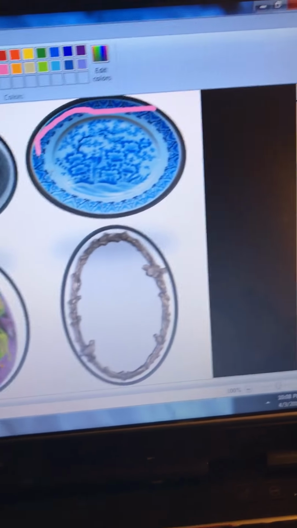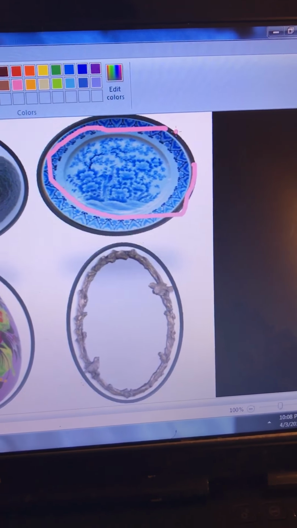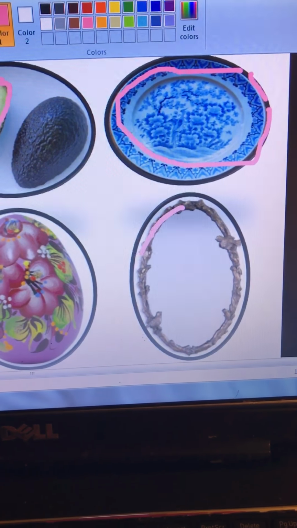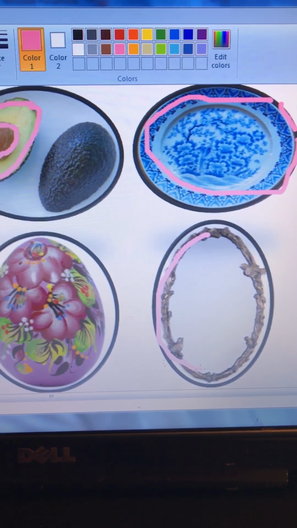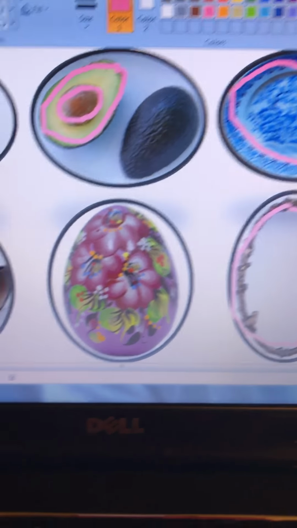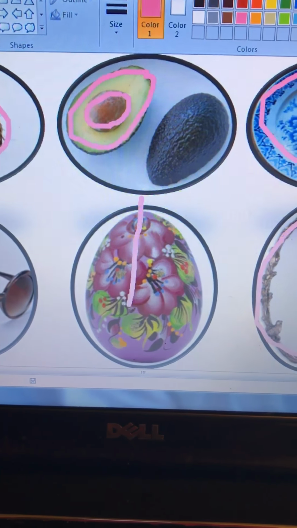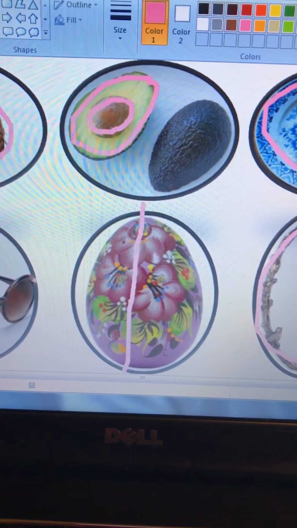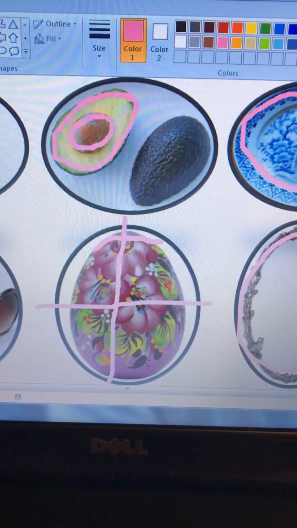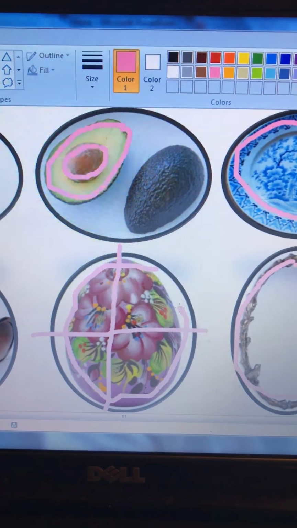Okay, and then here's this beautiful plate. That's not so good, but I think you understand. And then the mirror. And this is why it's good for graphing, if you could just do your major and then your minor axis here, and then just trace this beautiful painted egg.